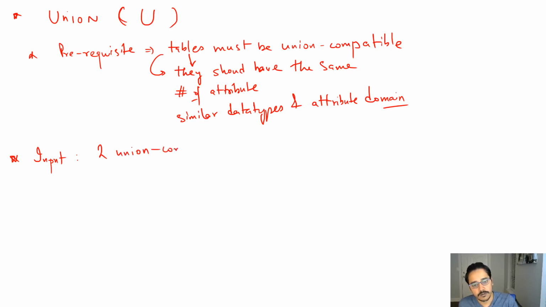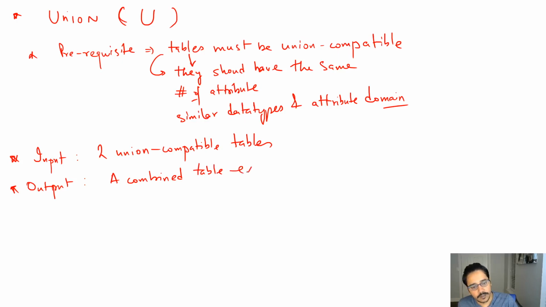So the input, now that you have assured it, is going to be two or more union compatible tables. And the output is basically going to be a combined table excluding duplicate rows.